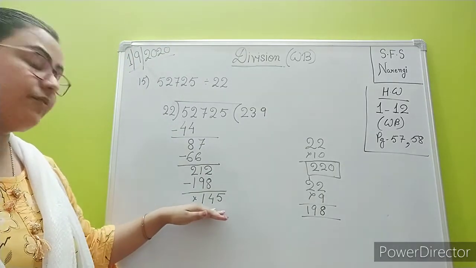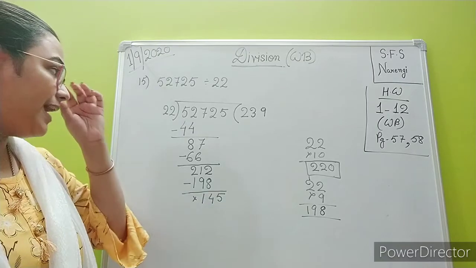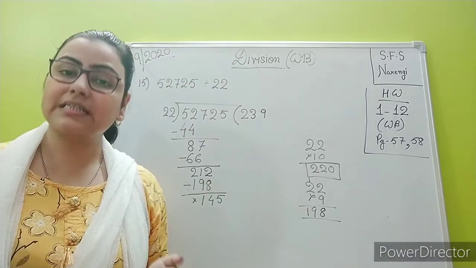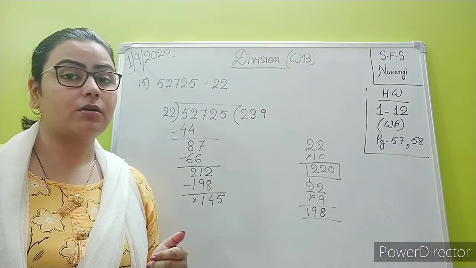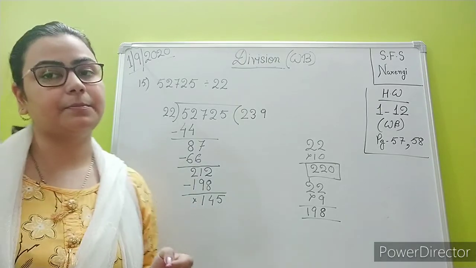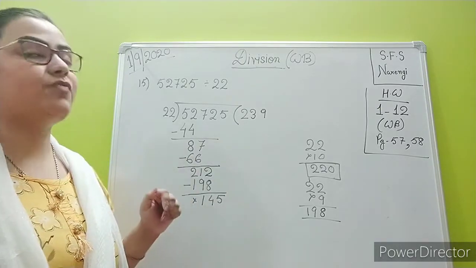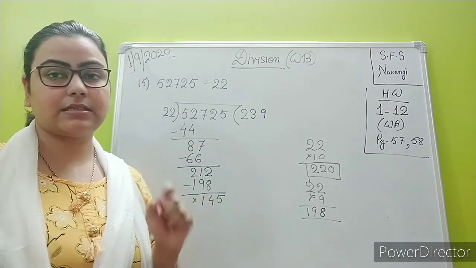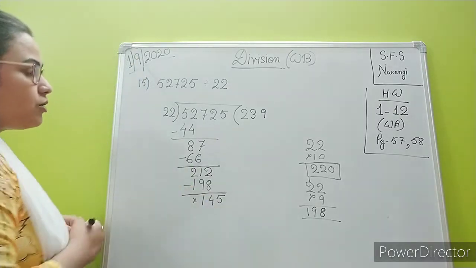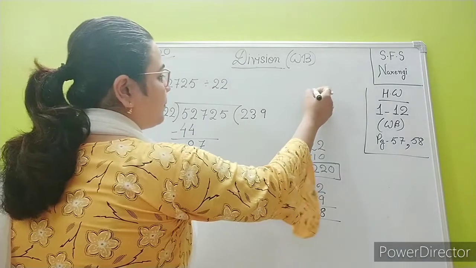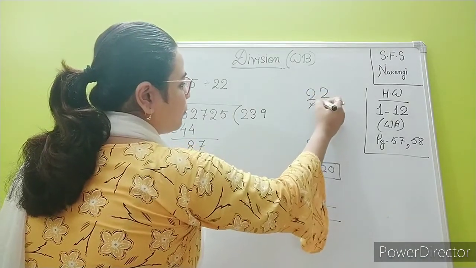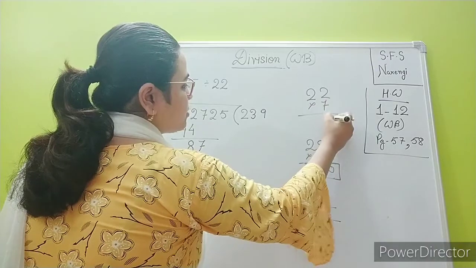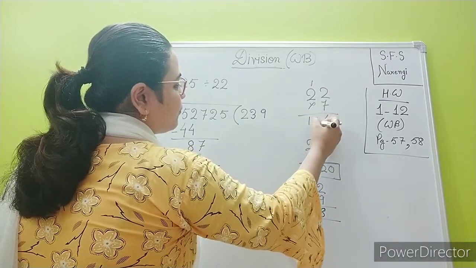Now children, we need 14, and 8 twos are 16. So should we go for 7? 7 twos are 14, which is exactly this 14. Let's try with 7, though I am pretty sure we will have to go one number down. 2 sevens are 14, 1 carry, 14, 15, 154.